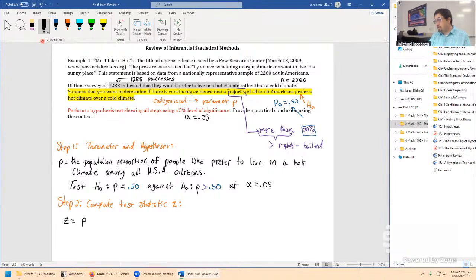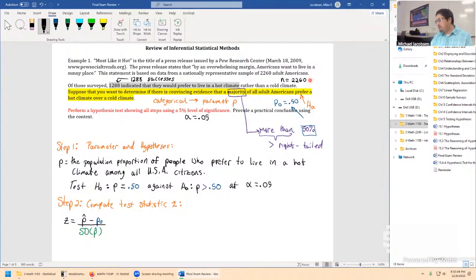Z equals p hat minus p naught, divide by standard deviation of p hat. In our last notes, it was the standard error, but categorical data goes differently for their test statistic. And we kind of have some of this information already. We never computed p hat, but it's looking at us. These are the two halves. That's the numerator, that's the denominator.